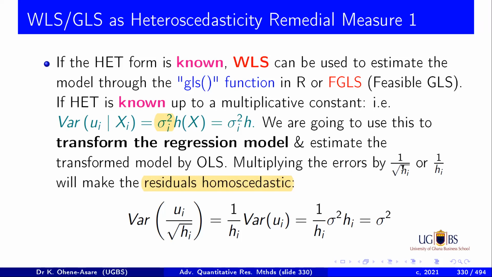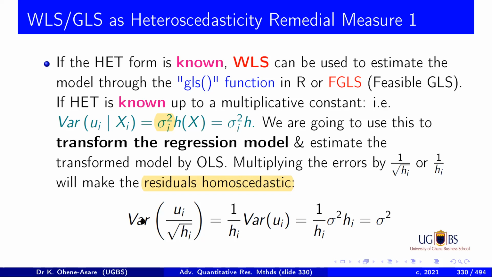Now, how do you do that practically? First of all, you divide each of the residuals by the square root of that constant. Then you take the variance of that. Watch how it becomes homoscedastic.